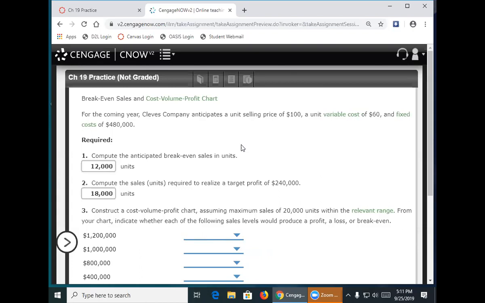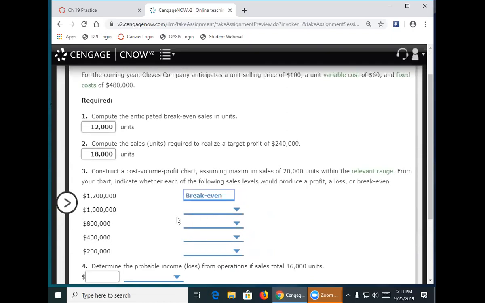So you could make a chart and line that up and say, at 12,000 units, we have sales of 1,200,000. Anything above that is going to be profit. Anything below, we're losing money. So this one they made really easy. 1,200,000 is break even. All these others are below that point. We're producing less, making less sales, so those are all losses.